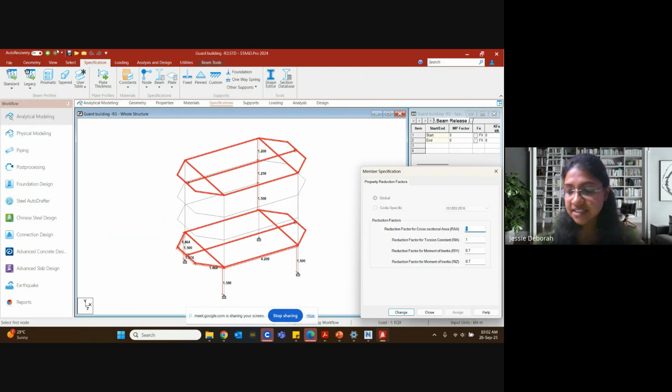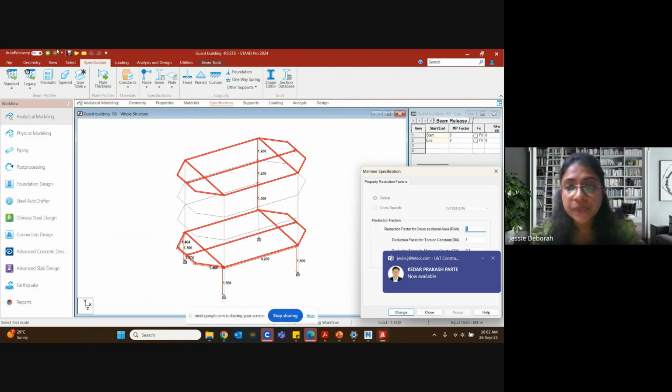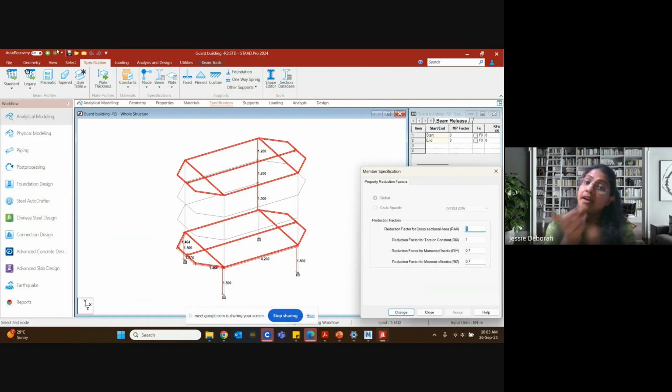Why are we assigning a reduction factor? A reduction factor doesn't have any dimensions. It is simply used to reduce the design load and stress. Because we are giving secondary beams like this, we are giving a reduction factor also.